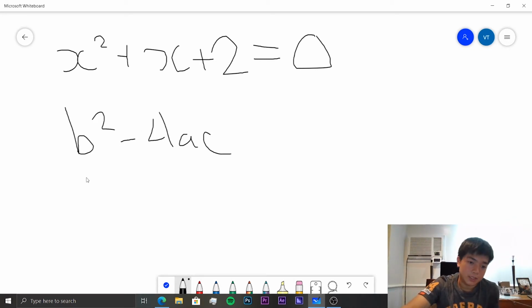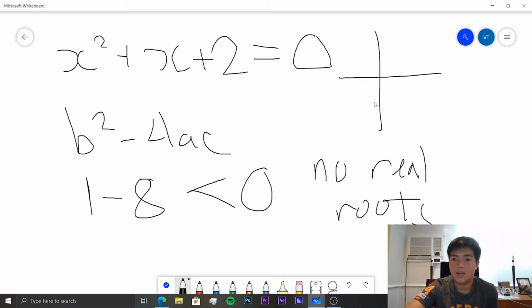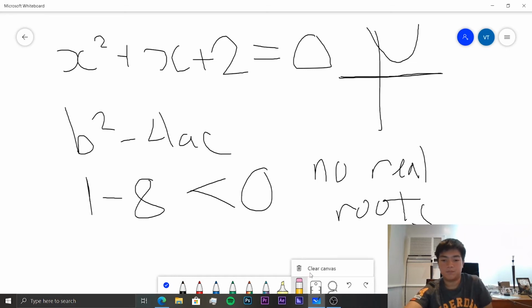Here b squared is 1, minus 4 times 1 times 2, which is negative 8. So 1 minus 8 is clearly less than 0, so this will have no real roots. The curve will look something like this, where it never touches the x-axis, and so there are no real roots.